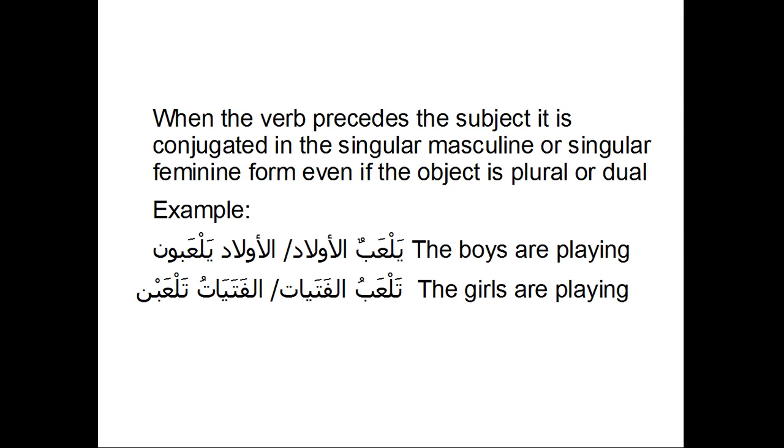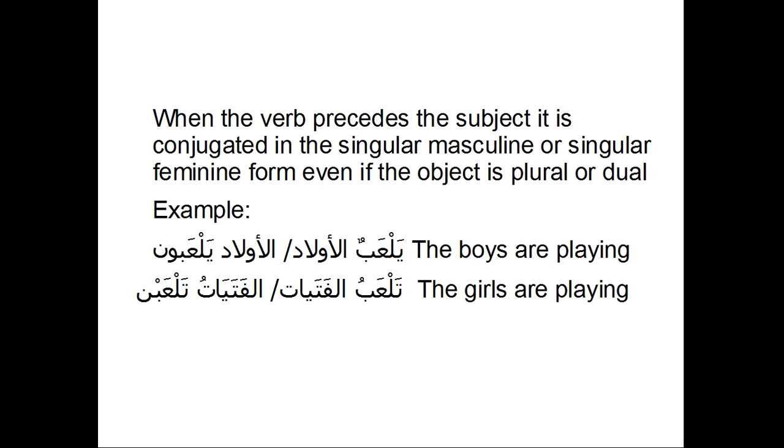I will just conjugate it in singular, whether masculine or feminine form. For example, يلعب الأولاد. الأولاد is plural and it means boys. But I didn't say يلعبون الأولاد. No, I say يلعب الأولاد.